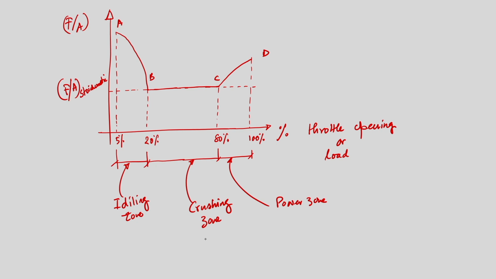So, what we can see is that A B, that is 5 to 20%, is the idling zone.